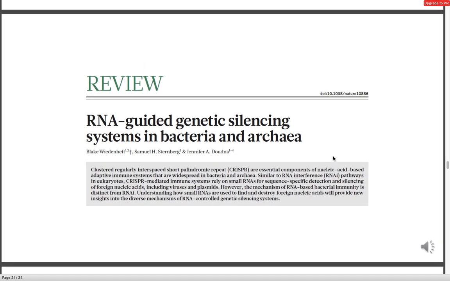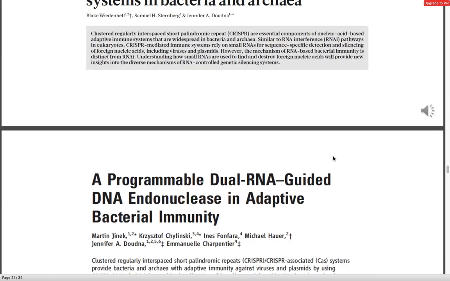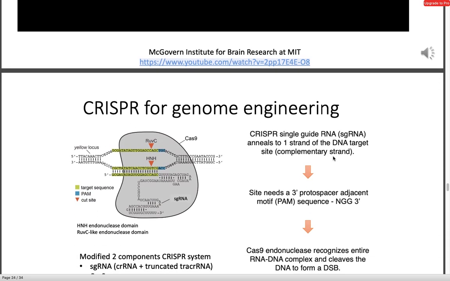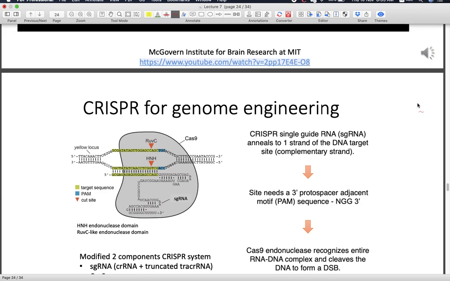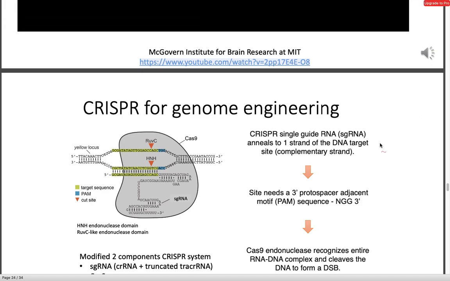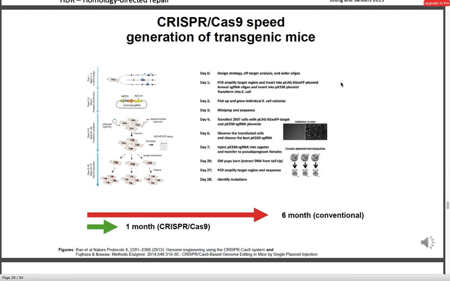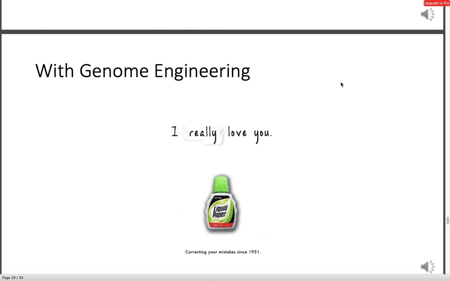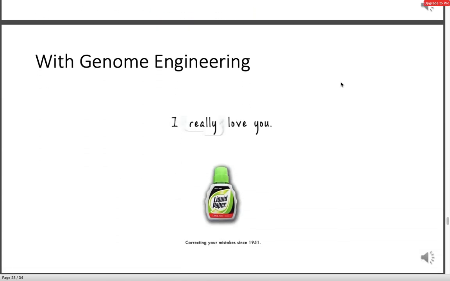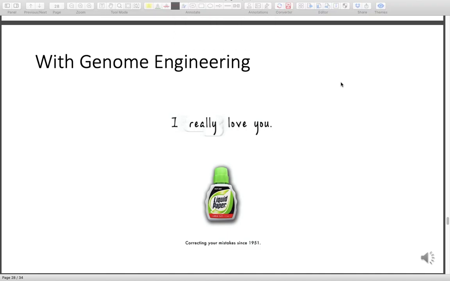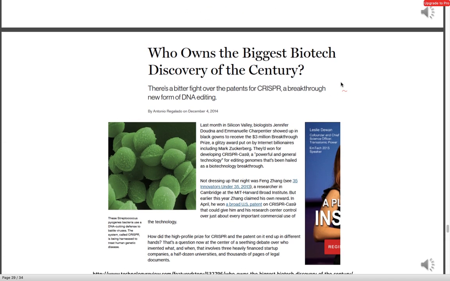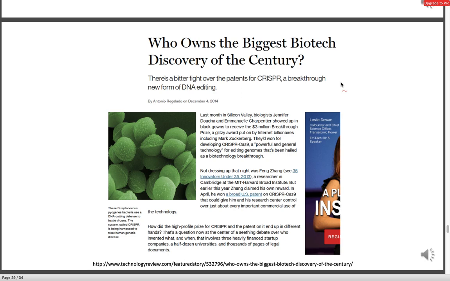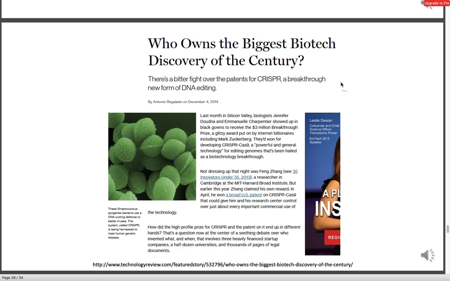So I think all of these below are examples of the CRISPR technology, and also RNAi and TALEN. Okay. Alright, so these are all the papers that are good for you guys to read. Okay. I think that's all.